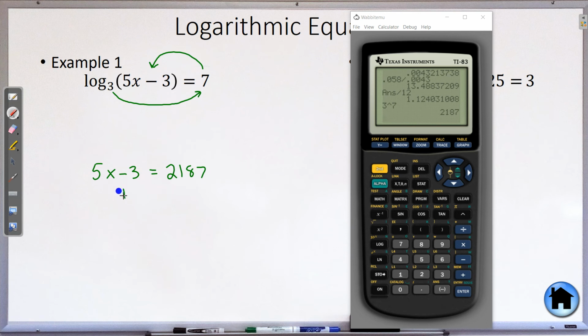And I'm hoping you're home free from here. This becomes really easy. 5x is equal to 2,190, it looks like. Divide both sides, 2,190 divided by 5, 438.